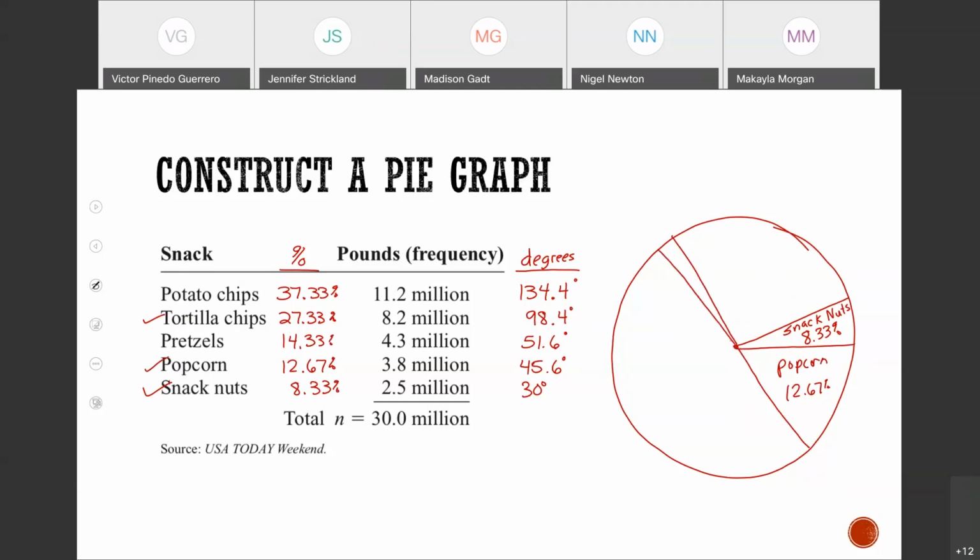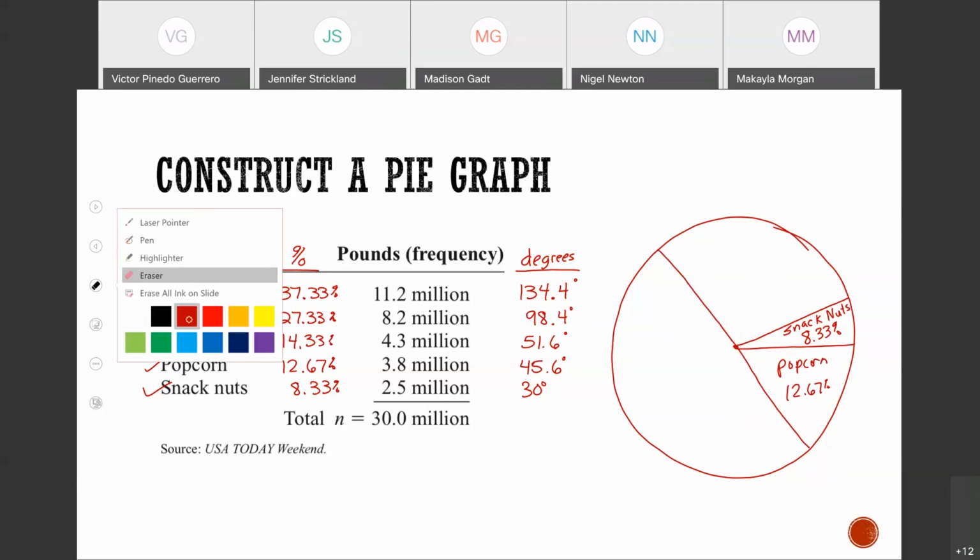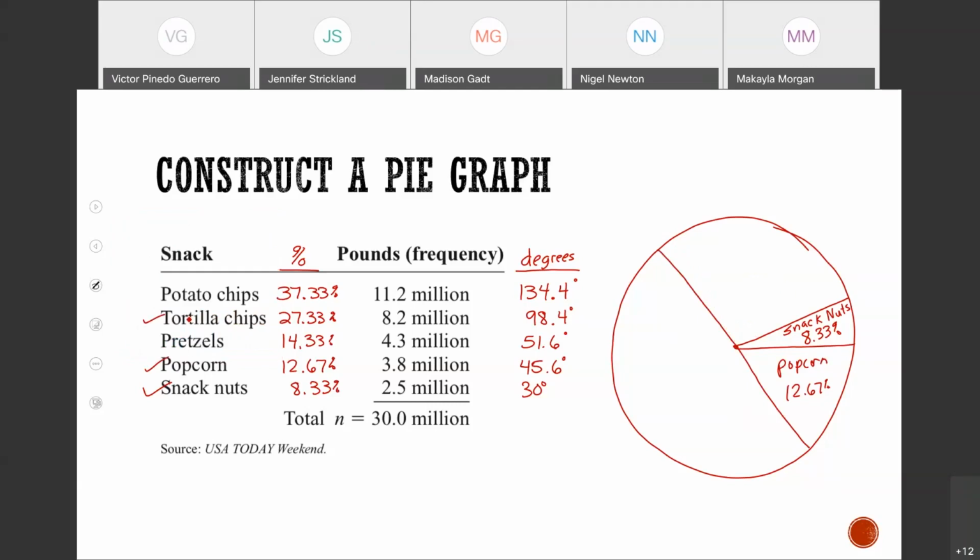Again, we're just estimating to get a general picture of what this looks like. When you get to Connect Math, you'll be able to do it more accurately. So name and percent. All right, that leaves pretzels at 51 and potato chips at 134.